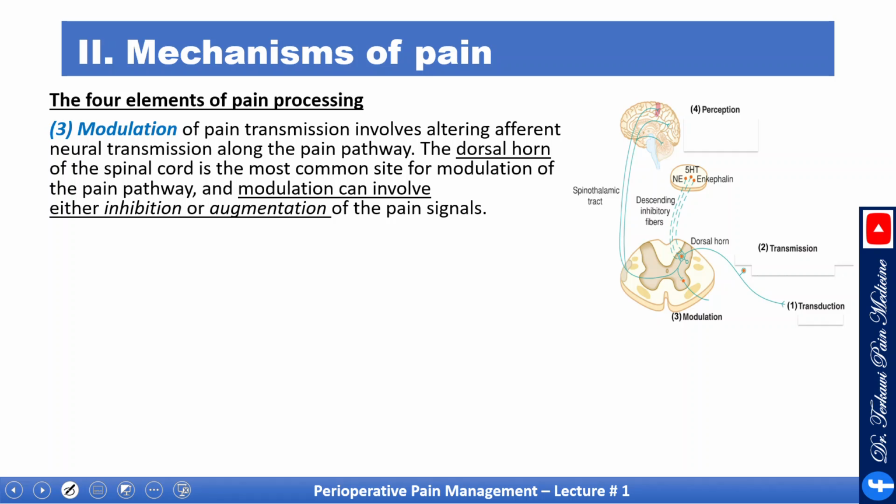Modulation of pain transmission involves altering afferent neuronal transmission along the pain pathway. The dorsal horn of the spinal cord is the most common site for modulation of the pain pathway. The modulation can involve either inhibition or augmentation of the pain signal.